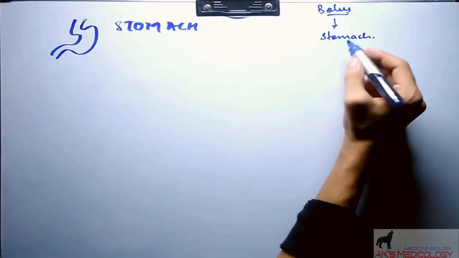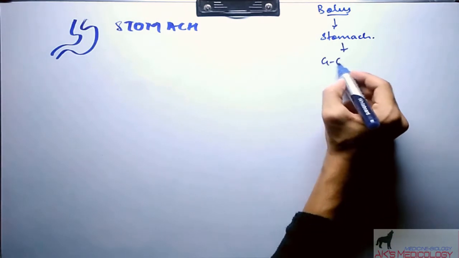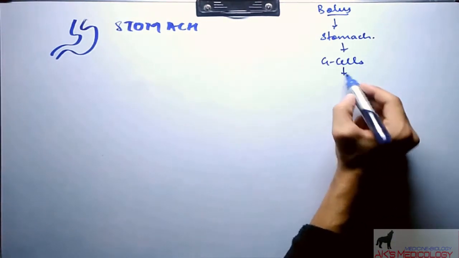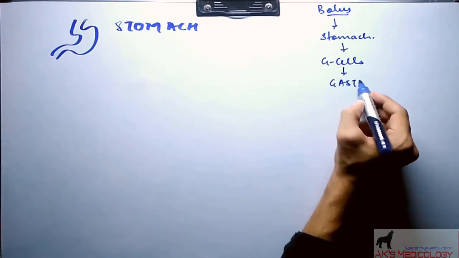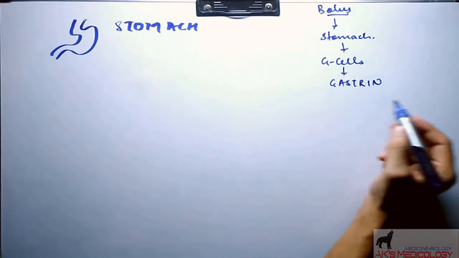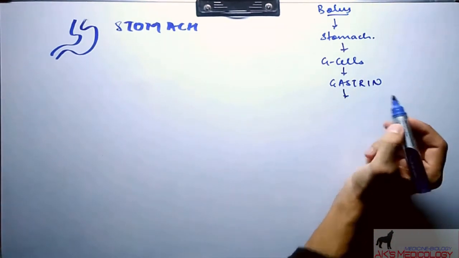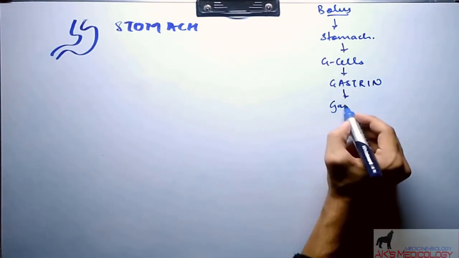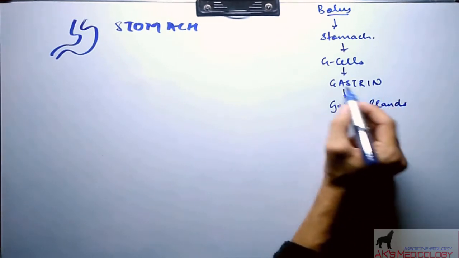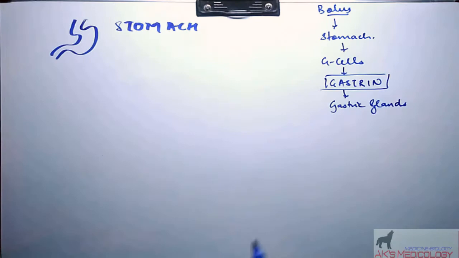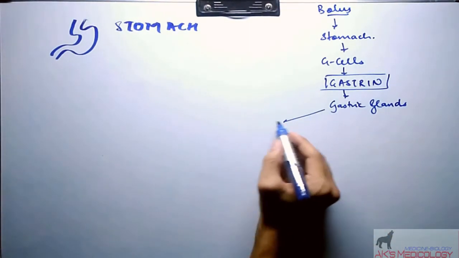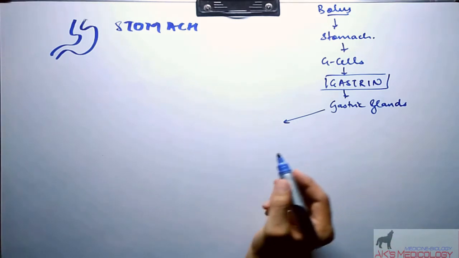Now, when the bolus of food enters the stomach, it stimulates the G cells, and when G cells get stimulated, they release a hormone which is known as gastrin. Now this gastrin is released into the blood, which again re-stimulates gastric glands. Gastric glands possess receptors for this hormone gastrin, and when gastric glands are stimulated, they stimulate the further cells located inside them.